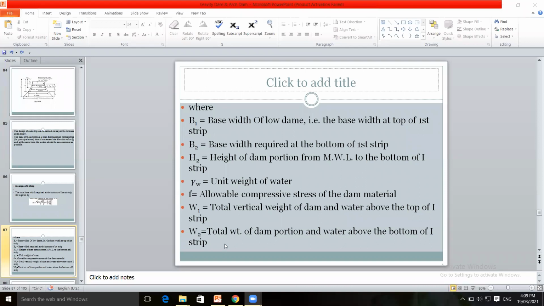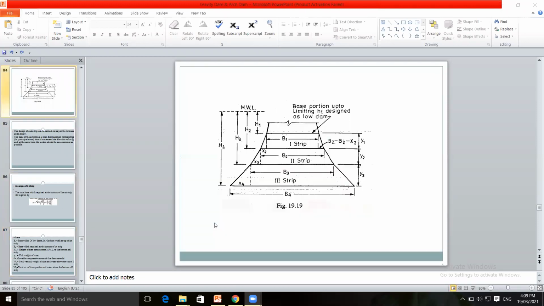W2 is the total weight of dam portion and water above the bottom of the first strip, considered above this bottom width B2. W2 is the weight of the dam and water above B2, and W1 is the weight of the dam and water above this B1. Okay, understood?